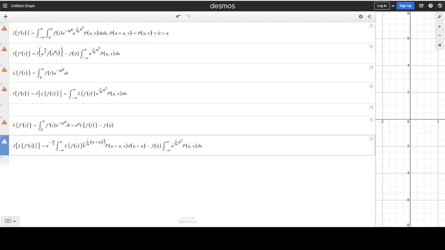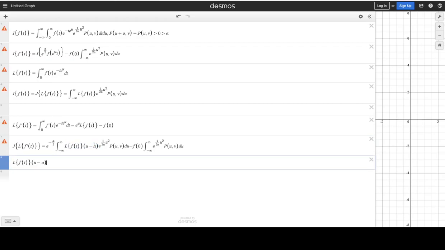And then f of t, u plus alpha minus alpha, our new u becomes that, du.